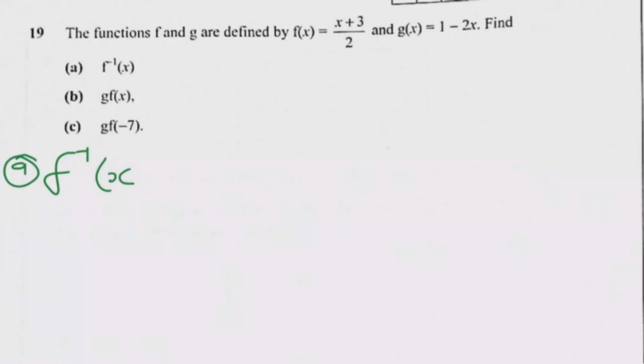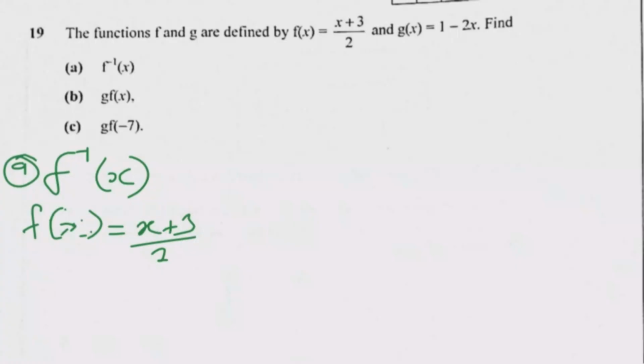To find the inverse of f of x, we're going to use the same formula that we are given, which is f of x is equal to (x plus 3) over 2.